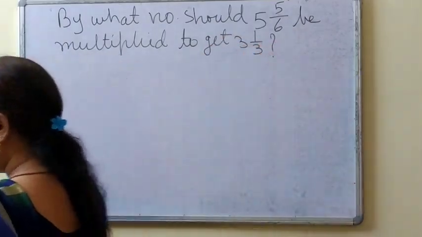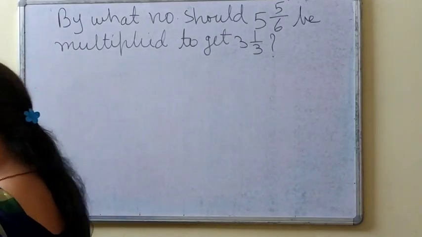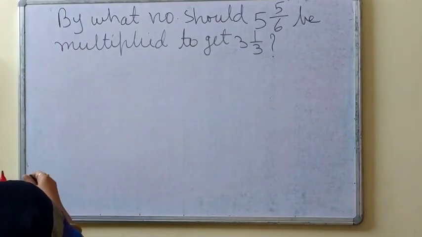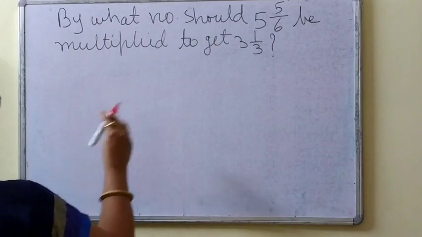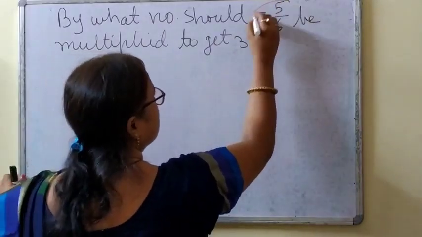Clear? So the question is very clear here. By what number should this be multiplied to get this one? So first solve this part.